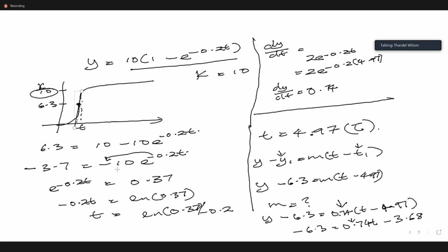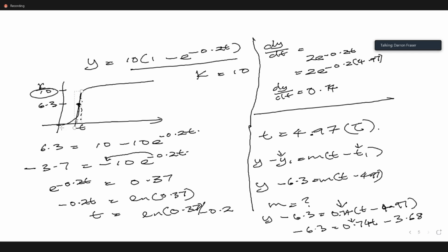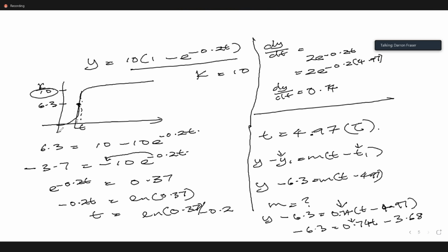If you said the T, we have T1. This right here is the lag time. That's what I want, between here and here.